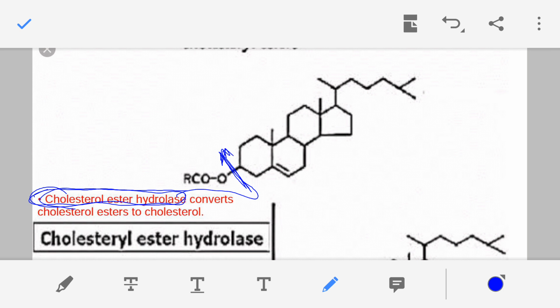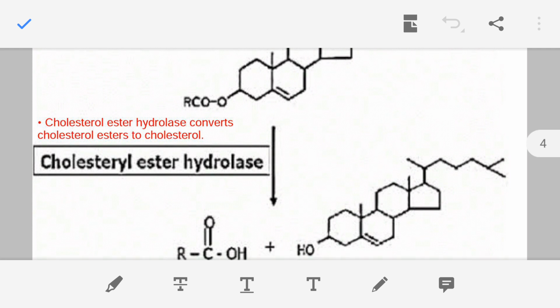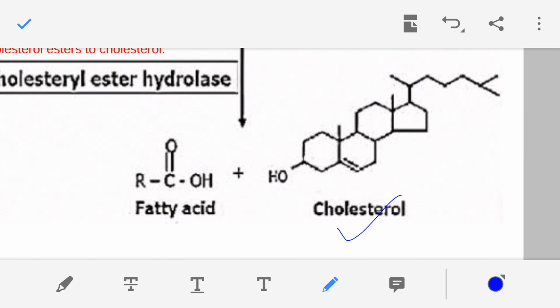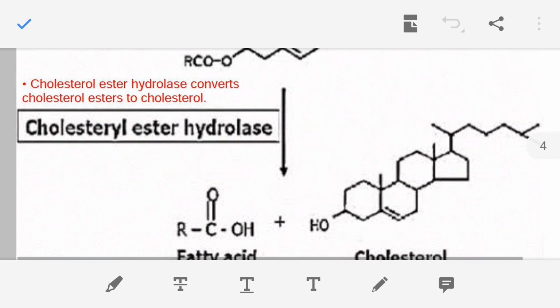This bond is between the carboxyl group of fatty acid and the hydroxyl group of cholesterol. Due to the splitting of that bond, there is a formation of cholesterol and a removal of fatty acid.